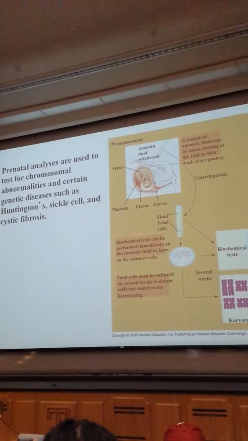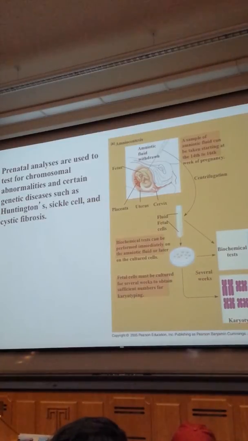Okay. Knowing what we know about genetic diseases such as Huntington's disease, sickle cell, and cystic fibrosis, if one of these diseases was actually coming to your family, and you wanted to marry a person who had the same kind of family history, that would make you worried, right? Rightfully so.